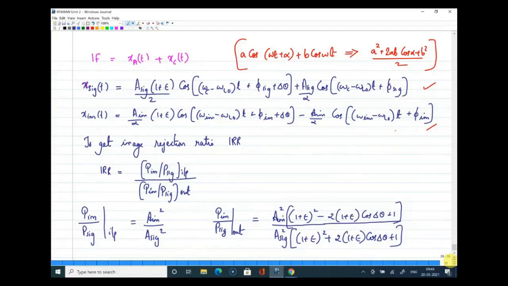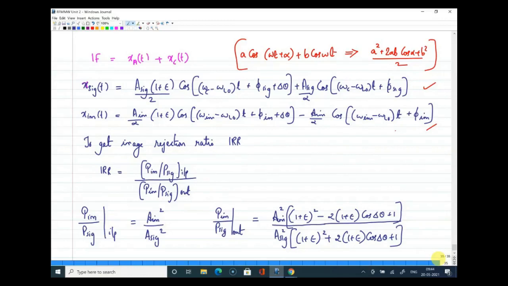But since it is not totally synchronized, if there is a slightly larger difference in epsilon or delta theta, that will definitely retain a larger portion of image, right? So you can always look at this performance measure, the image rejection ratio, and depending on that, we can take a decision.